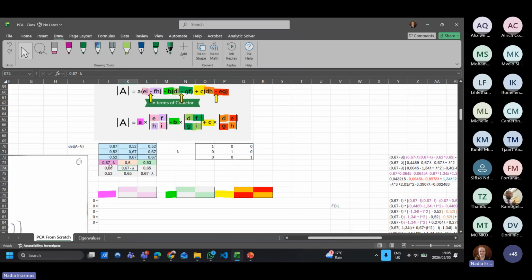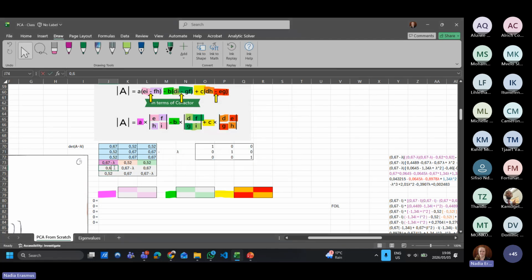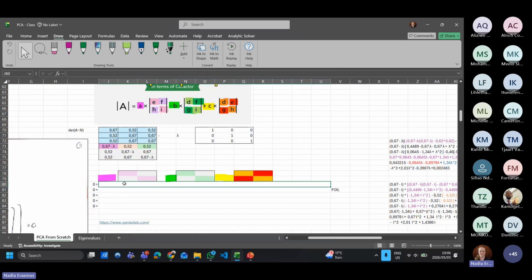Okay, so let's have A first. So we have 0.52, 0.67, 0.52. So you guys can use this page and just add your own values into it, but at this stage, this is where you have to calculate it.